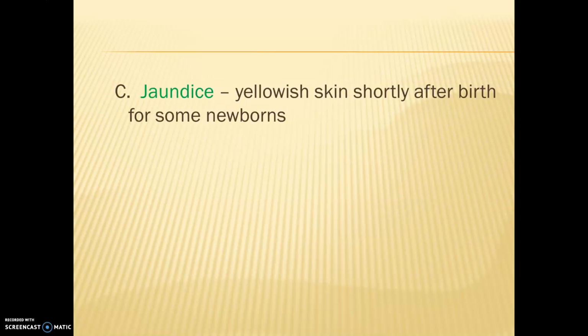Some different skin conditions that we're also going to see here include jaundice. I'm sure you've heard of it. It's a liver thing that shows you that something is wrong inside your body. It's also very commonly seen with newborn babies, with this yellowish skin shortly after birth for some newborns. Some of the causes, again, are an immature liver.